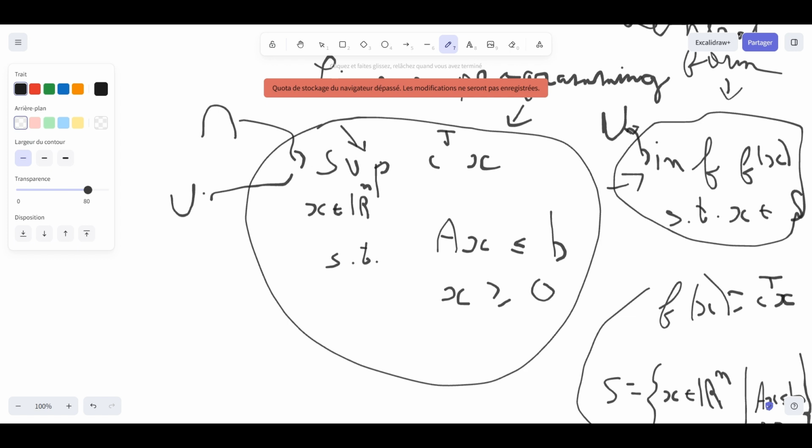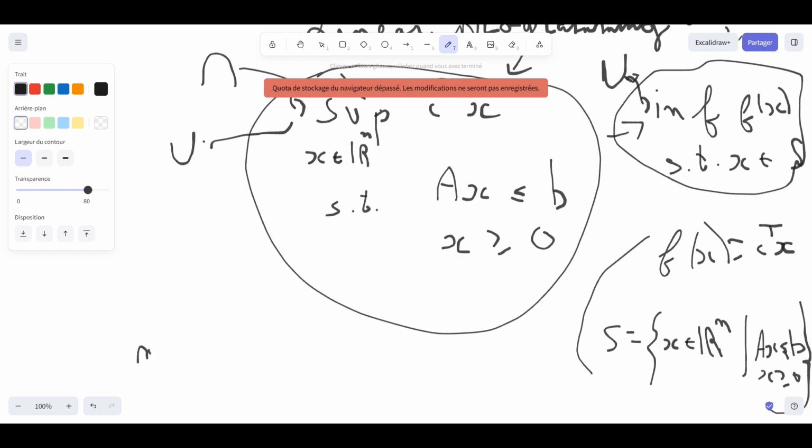We can transform it simply by doing: min of f(x) is equal to minus max of minus f(x).